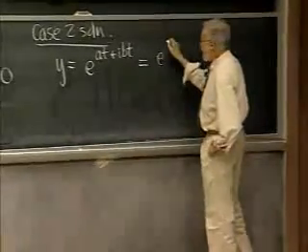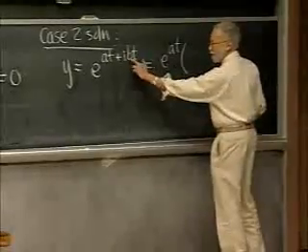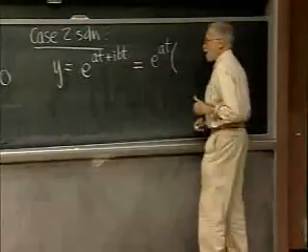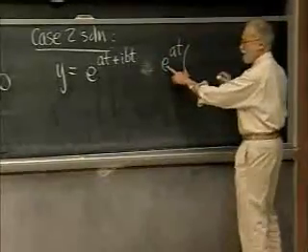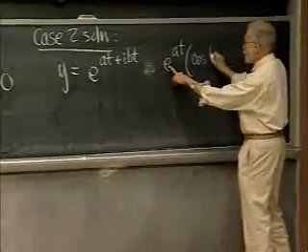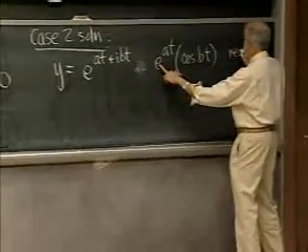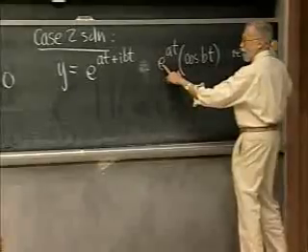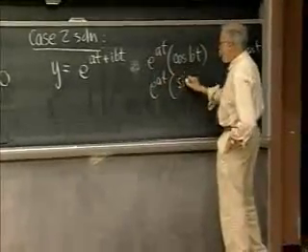That's e to the at times, well, the real part is, let's write it this way: e to the at times cosine bt. Notice how the a and b enter into the expression. That's the real part. And the imaginary part is e to the at times the sine of bt.